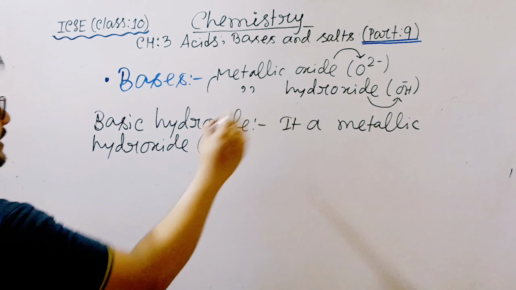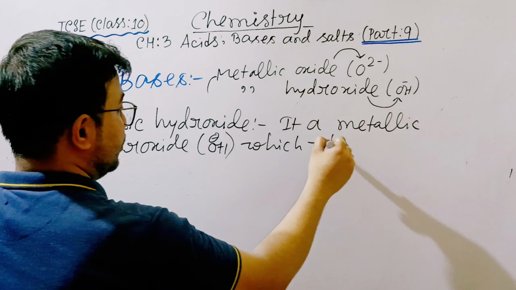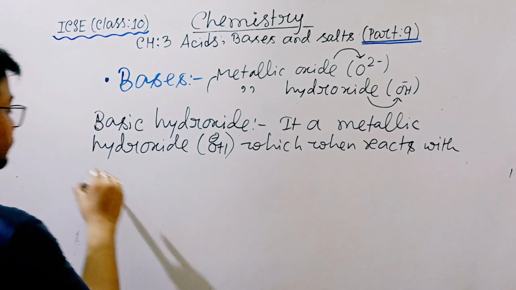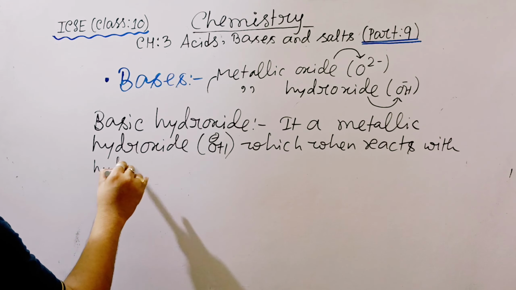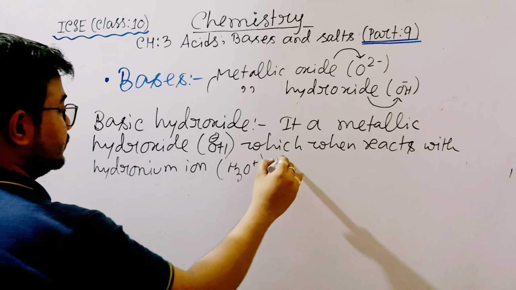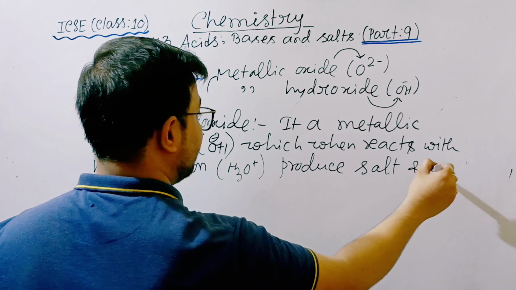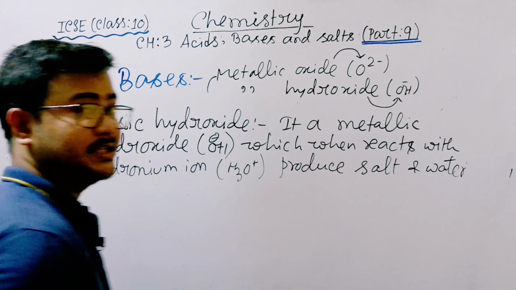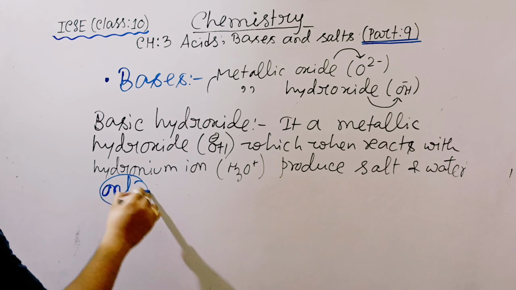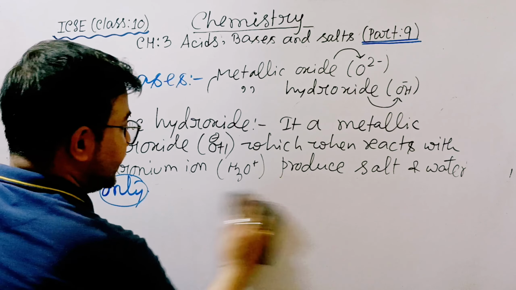Okay, it is a metallic hydroxide which when reacts with hydronium ion produce salt and water. Tell me, is this definition correct? No, salt and water only. Do you understand? So this is the main term of this definition.